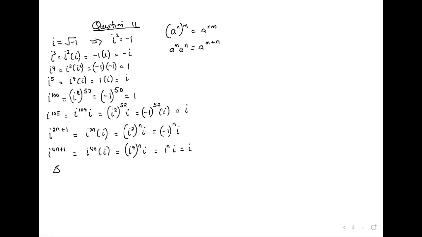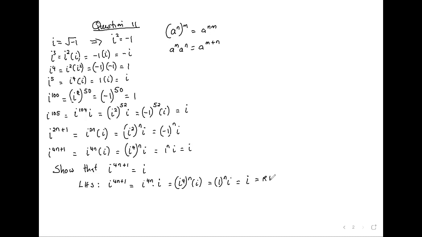So if the question says show that i to the power 4n plus 1 is equal to i, you start with the left hand side and say i to the power 4n plus 1 is equal to i to the power 4n multiplied by i. This is equal to i to the power 4 in the brackets, power n, multiplied by i. But this is 1 to the power n multiplied by i, which is i, which is the right hand side.